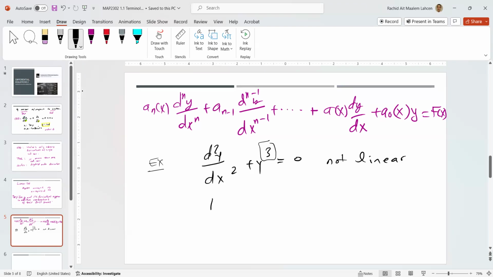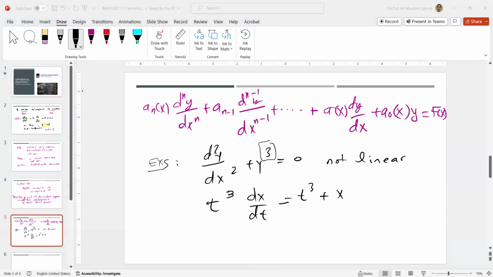Let's look at another example: t cubed dx/dt equals t cubed plus x. Let's try to mimic that first one and see what happens. So think about it. Pause the video and see what you think.